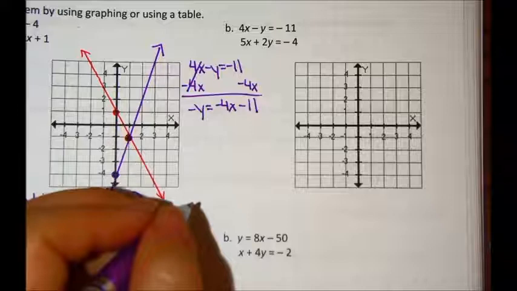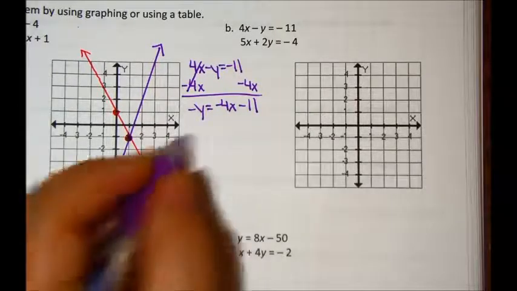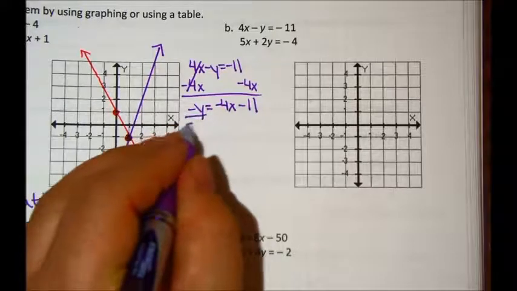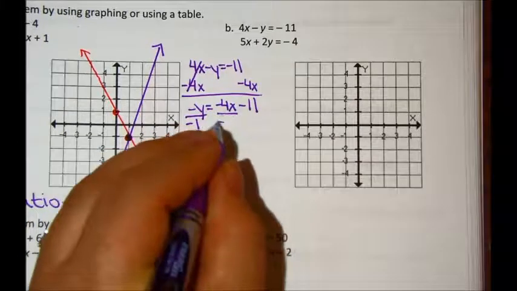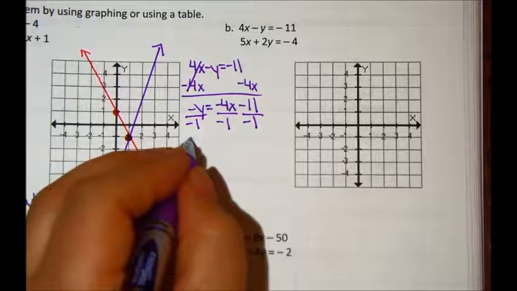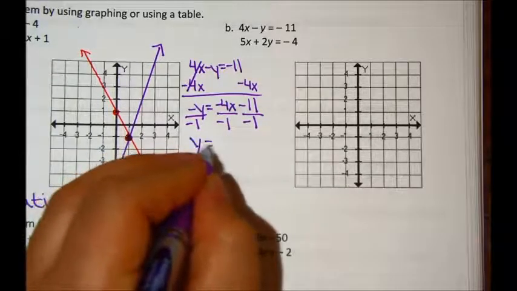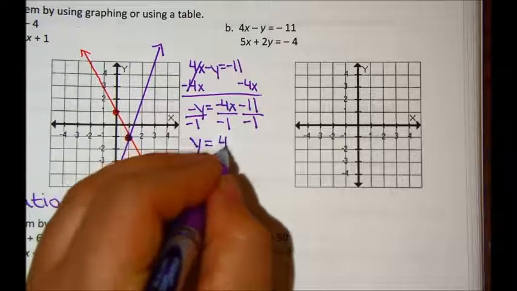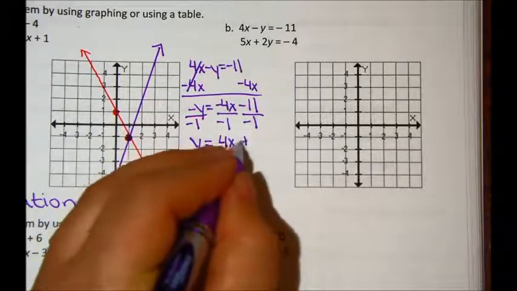I still don't have y alone. I need to get that negative onto the other side. So I'm going to divide by -1 all the way across. And I'm left with y is equal to positive 4x plus 11.